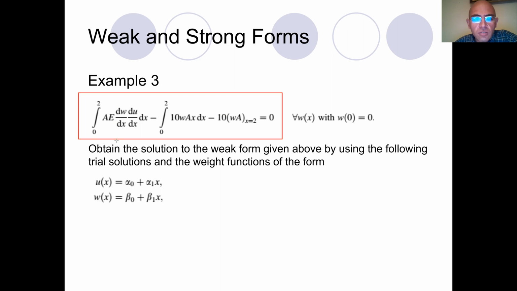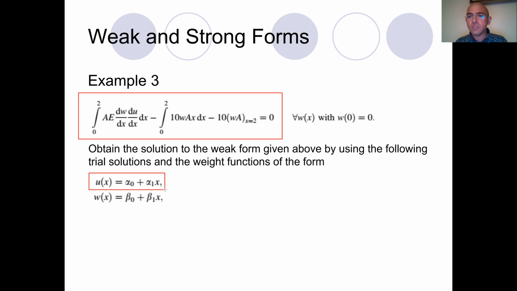Now we are told to obtain the solution to the weak form given above by using the following trial solutions and weight functions of the form. Here we have a new definition: trial solution. This function approximates the solution.